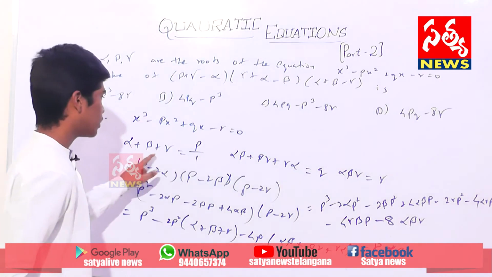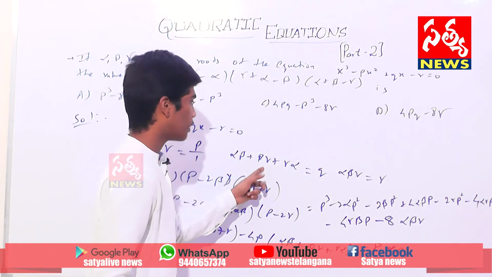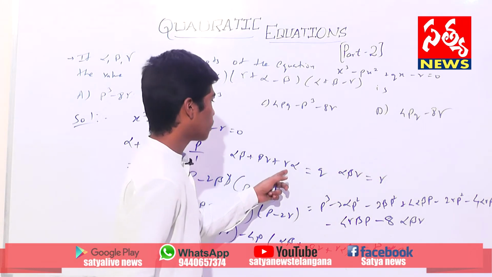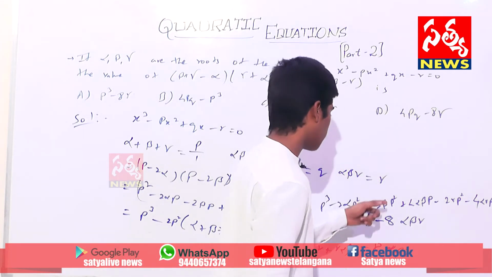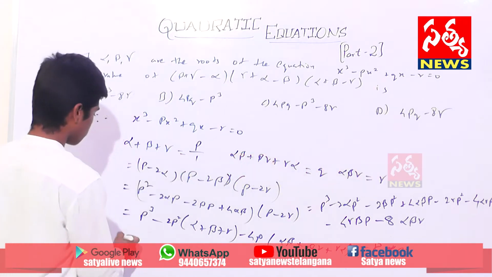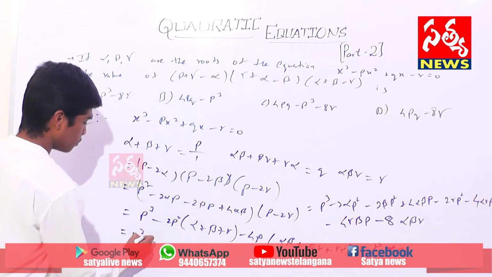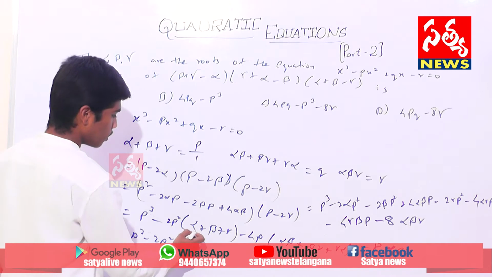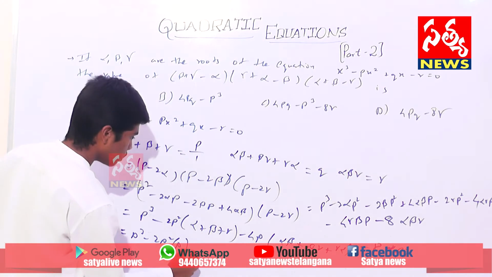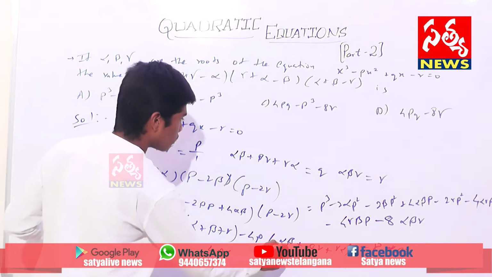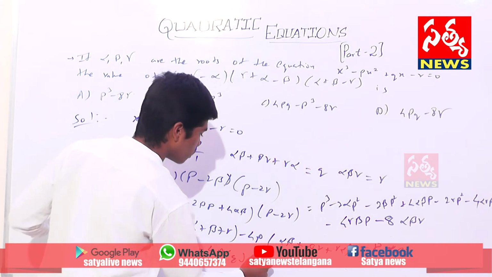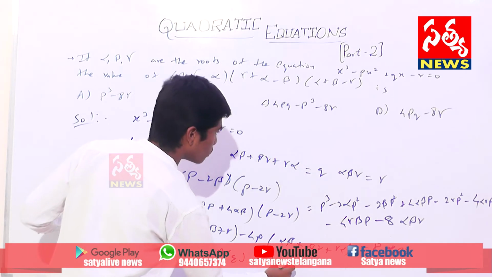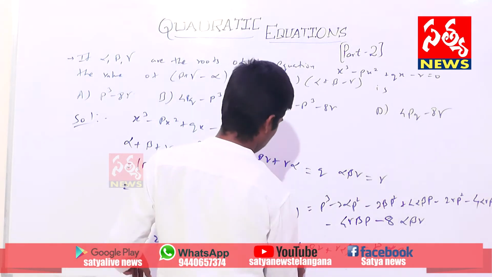So these are the values of alpha plus beta plus gamma, alpha beta plus beta gamma plus gamma alpha, and alpha beta gamma. Put the values here. p cube minus 2p square into (alpha plus beta plus gamma is p) minus 4p into q minus 8 into r.